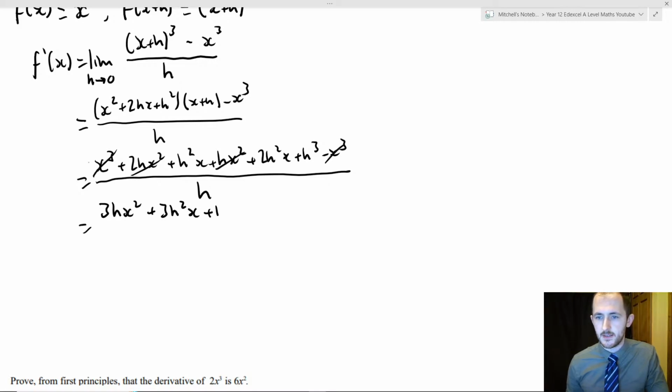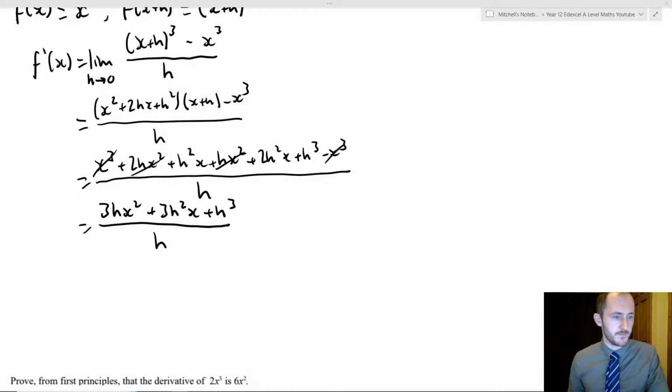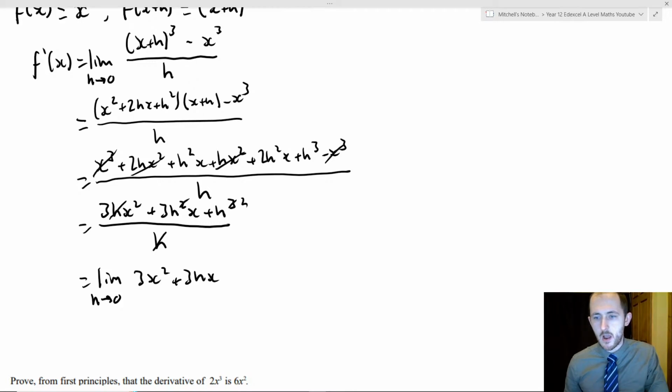And then lastly, h cubed over h. Now what I'm going to do is just divide through by h. So cancel, cancel, cancel, cancel. So I'm left with the limit as h tends to 0 of 3x squared plus 3hx plus h squared.